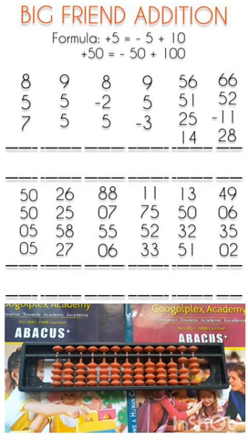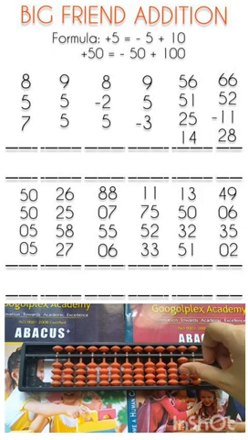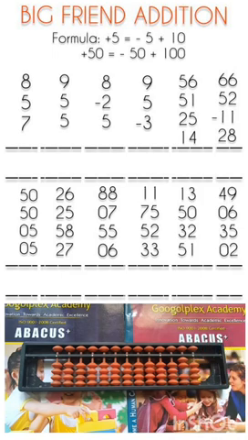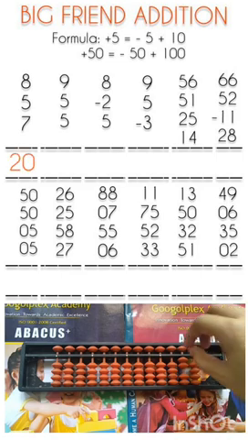Now we have to add 7. Again 7 is also not possible directly. So what we have to do? We have to apply the big friend formula of plus 7, which we have learned earlier in the previous video. That is minus 3 plus 10. So what is the answer? Answer is 20. Yes, 20 is our answer.